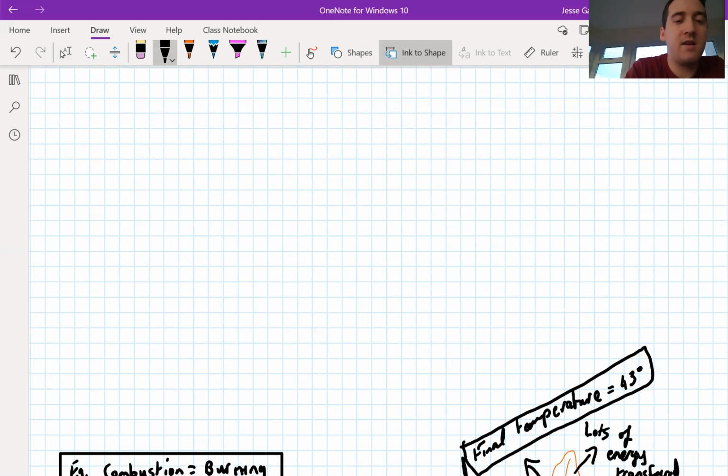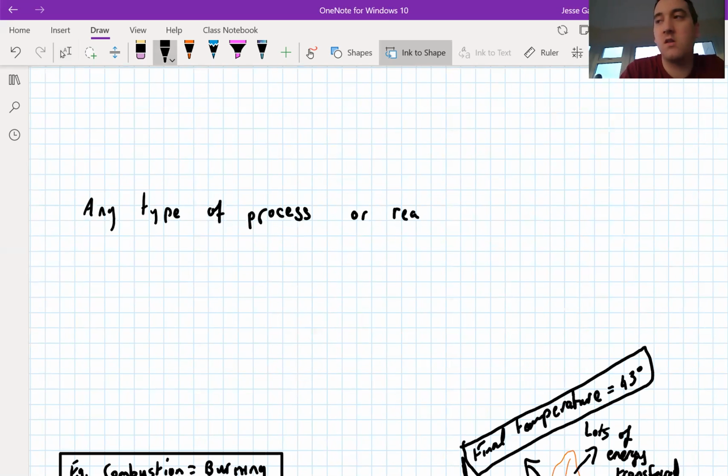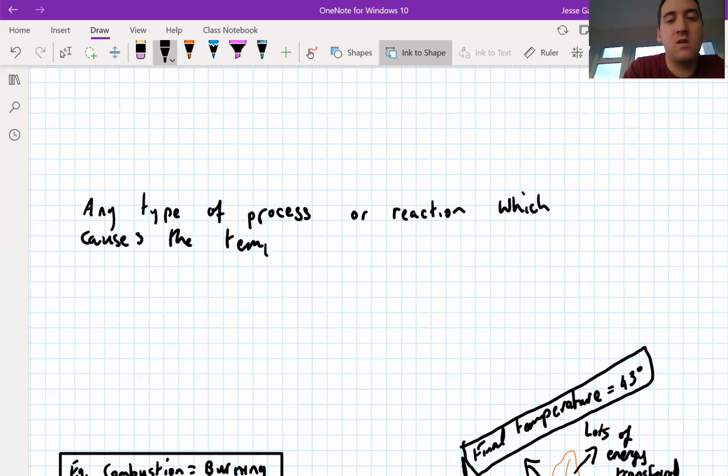We would say it's any type of process or reaction which causes the temperature of the surroundings to increase.